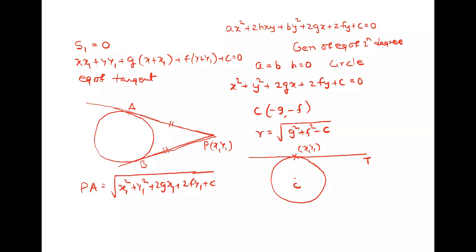S1 equal to 0 is the representation of this one. S1 means xx1 plus yy1 plus g times x plus x1 plus f times y plus y1 plus c equal to 0. PB is also the same.